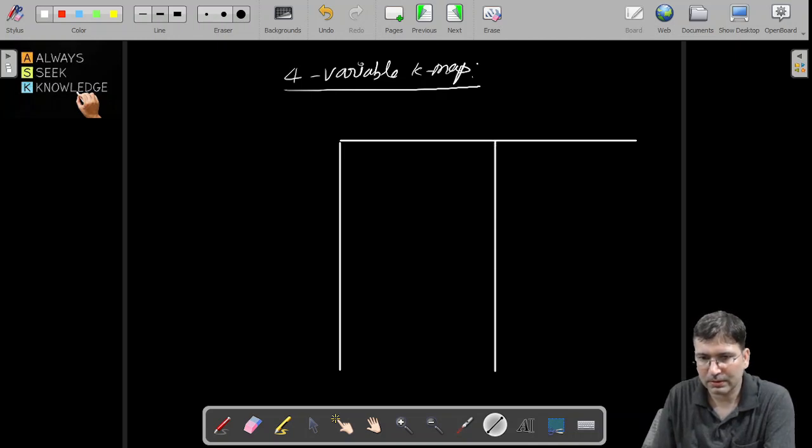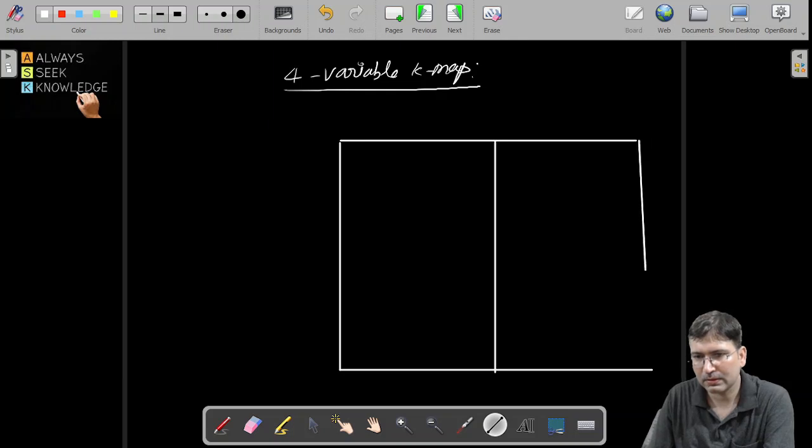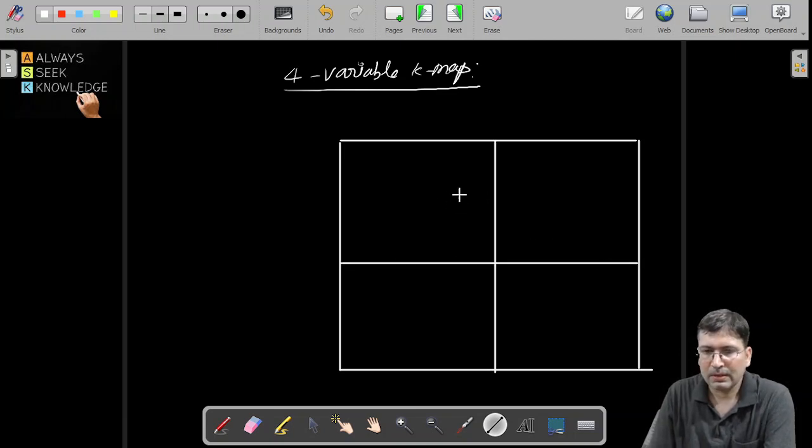Let's divide it something like this. Now let's draw the 16 cells.